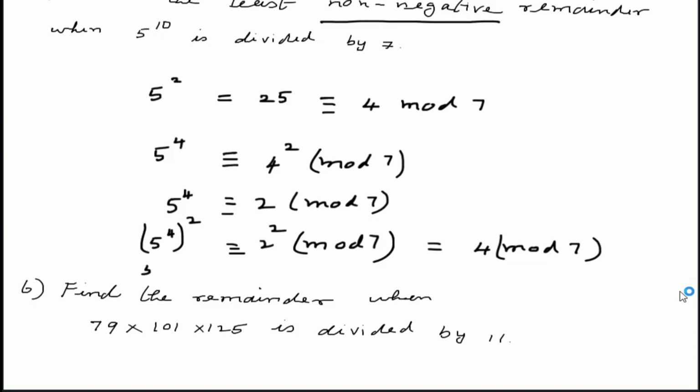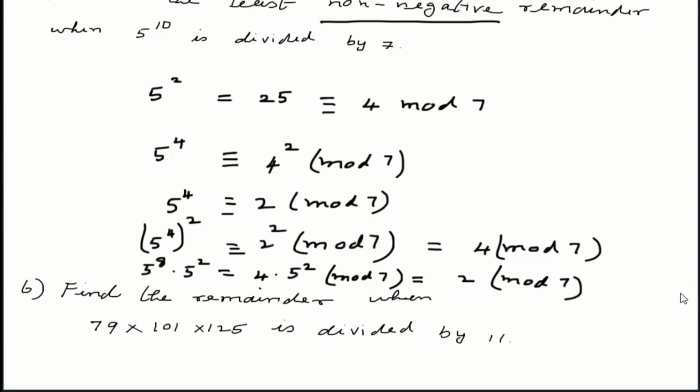Now 5 power 8 into 5 square is 4 into 5 square mod 7, which is 5 square mod 7 is 4. So 4 into 4 is 16 again. So 16 when divided by 7 gives remainder 2. So 5 power 10 is congruent to 2 mod 7. This is the answer.